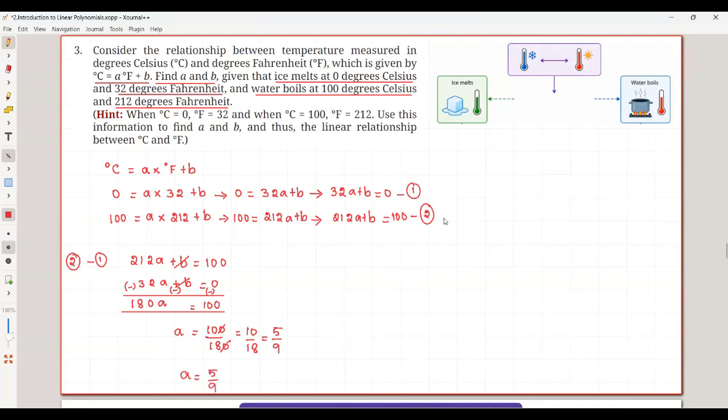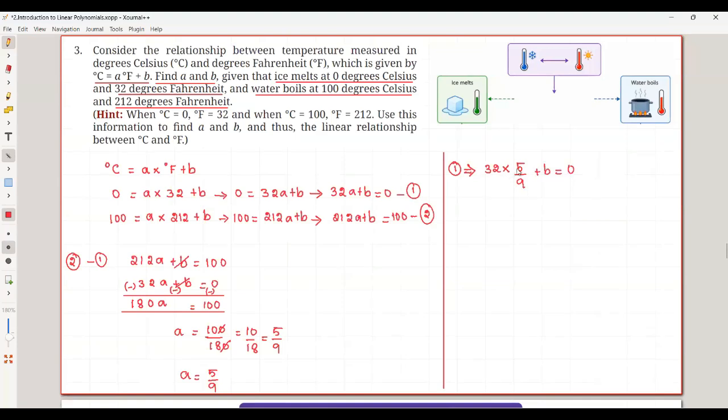Now I have to find out the B value. For finding the B value, I can substitute in any one of the equations. Here the first equation is simple. So I'm just taking the first equation: 32 into the A value 5 by 9 plus B is equal to 0.